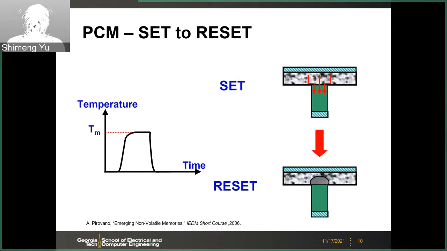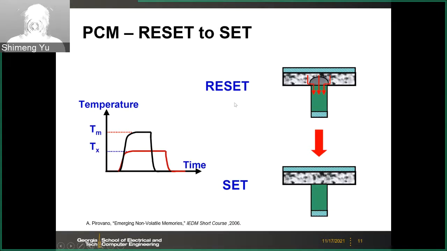The crystalline state is the low resistance state, and then here we'll pass a current through the device. Of course, you apply voltage, and then current will flow. And as the current goes through this heater, it will generate the Joule heating, and the Joule heating will heat up this region.